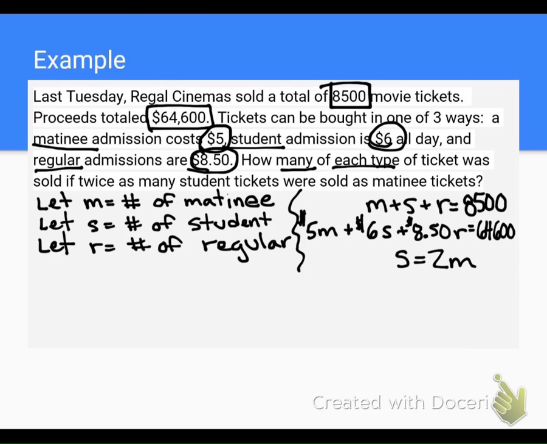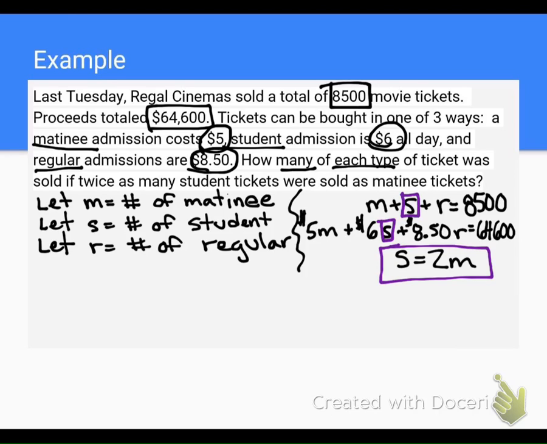Now I'm going to use this equation. I see that I have one of my variables already sort of solved for, so I'm going to plug that in. If I plug in 2M for S in the top 2 equations, I'll be able to create a system of 2 equations in 2 variables, right?